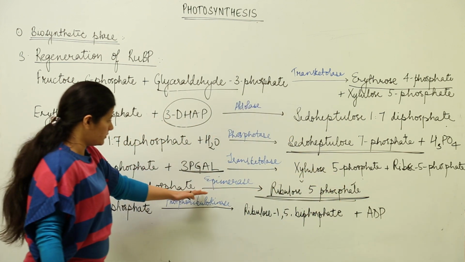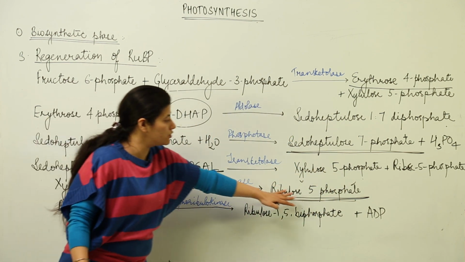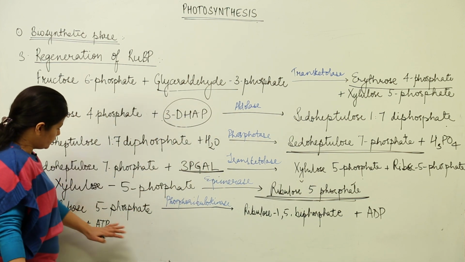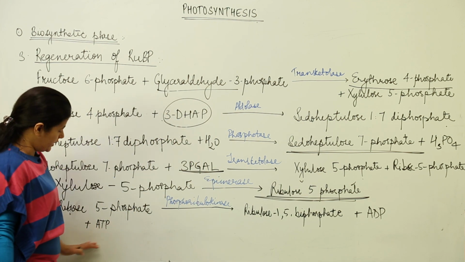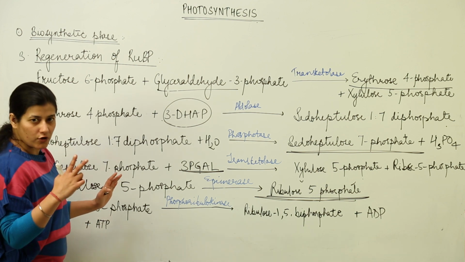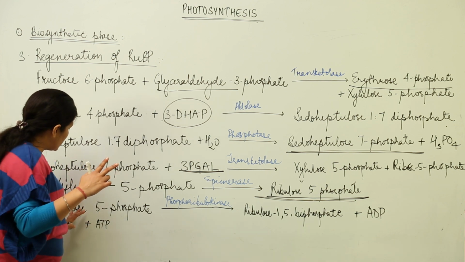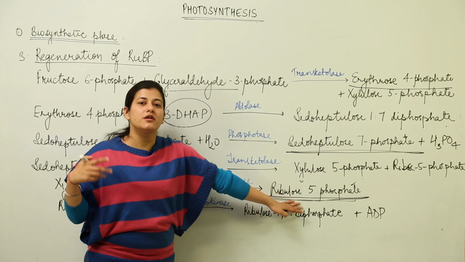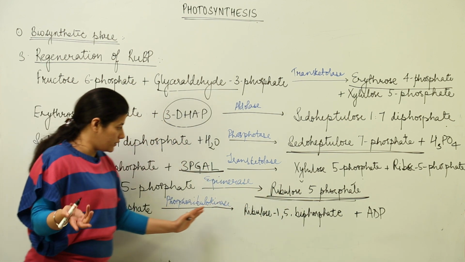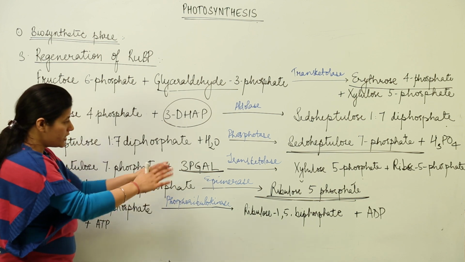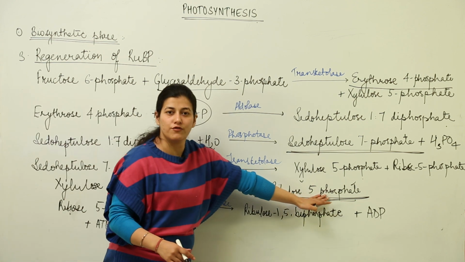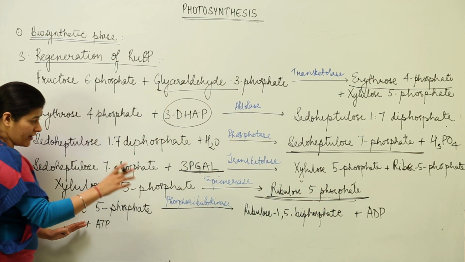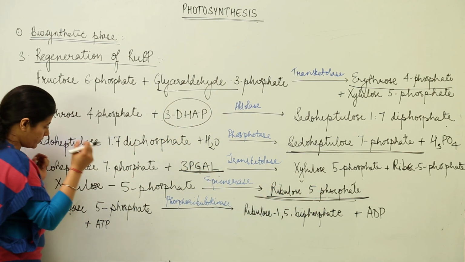Xylulose would isomerize in the presence of epimerase to ribulose 5-phosphate. This ribulose 5-phosphate would combine with 1 ATP, and as we wanted 2 phosphate groups in the ribulose, this ribulose would get converted to ribose in the presence of an isomeric reaction, which I have skipped over here. Just remember, this ribulose 5-phosphate would get converted to ribose 5-phosphate, which would be an isomeric reaction.